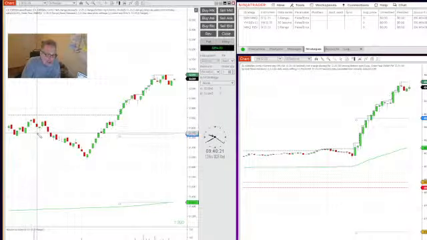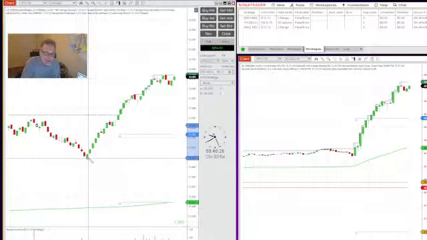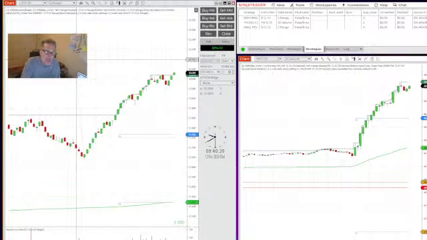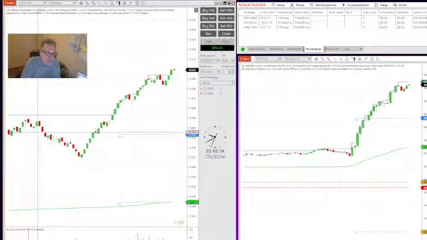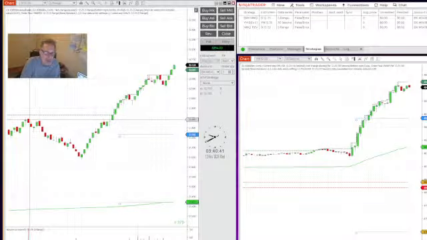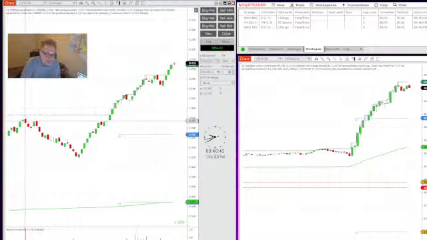I'm just trying to figure out why it was so difficult. It went down a total of 33 ticks, so I'm a little surprised it was hard to make money this morning. I guess it would depend where you would have gotten filled, but let's leave it at that for the moment.